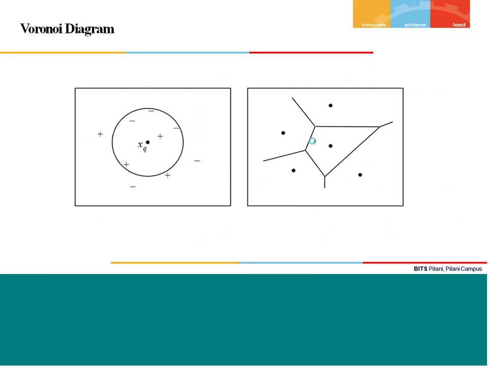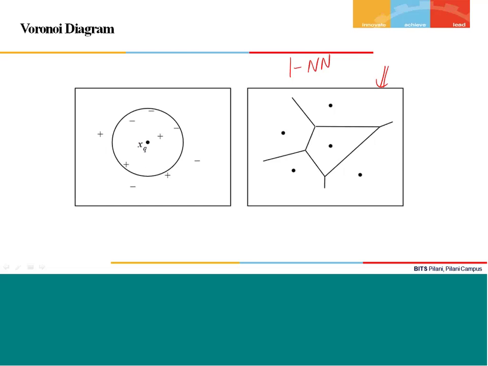Okay, so in two-dimensional space, this is called a Voronoi diagram. A Voronoi diagram means that if I plot my decision boundary, for example, in the case of one nearest neighbor, whichever point is closest, I will assign the class label of my closest point to my query point.